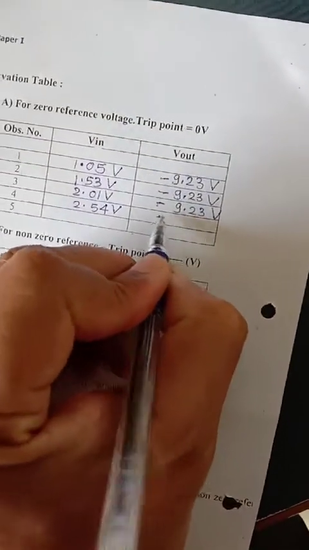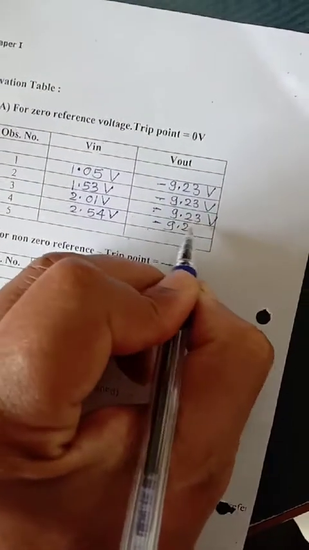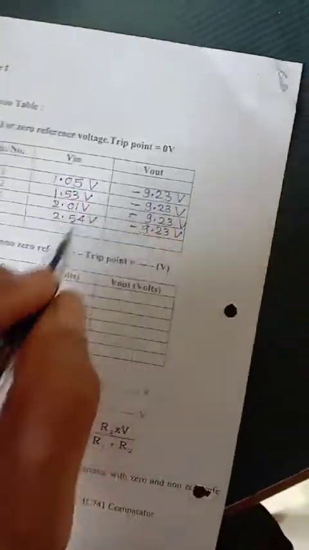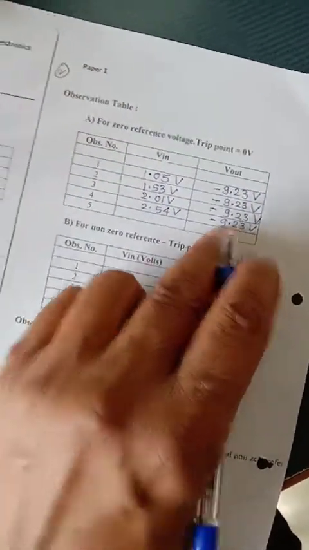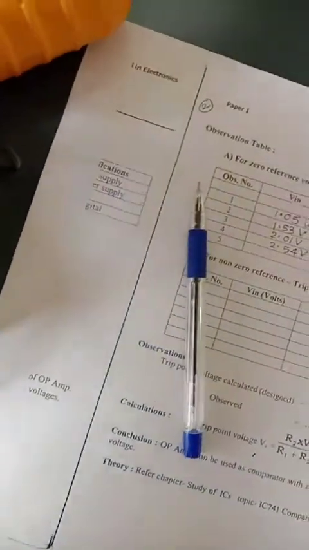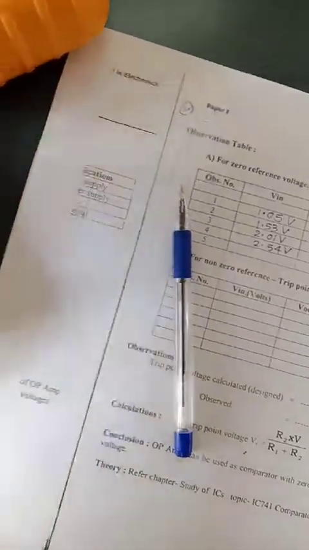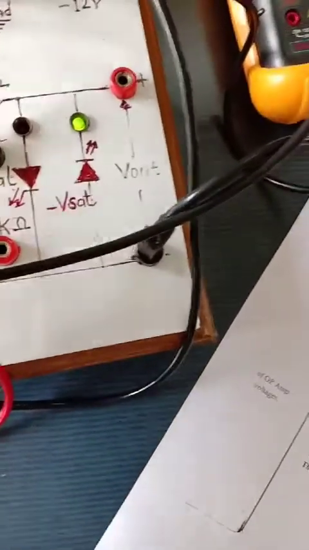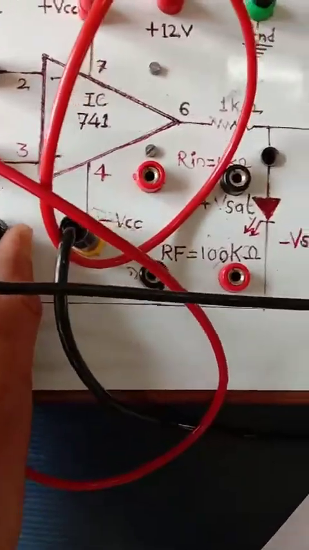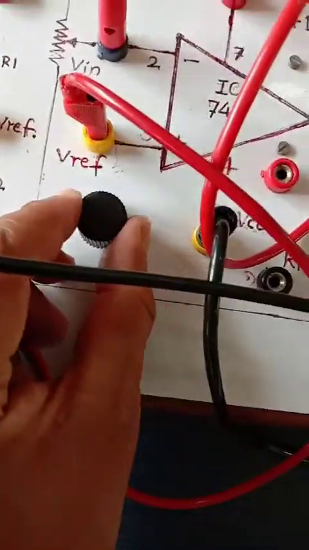So this is a negatively saturated output voltage, that is the maximum negative voltage. Then again change this input by rotating this knob.